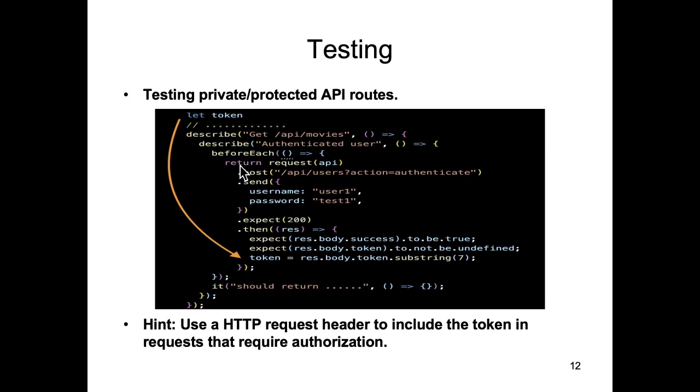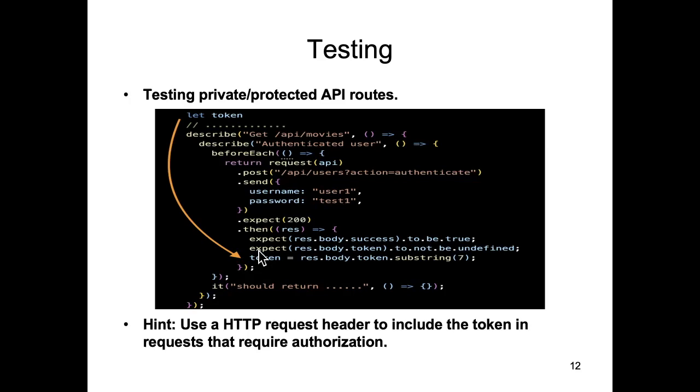In the response that comes back, we can state expectations, but what we're really interested in is getting at the token that's included in the response from my login request.